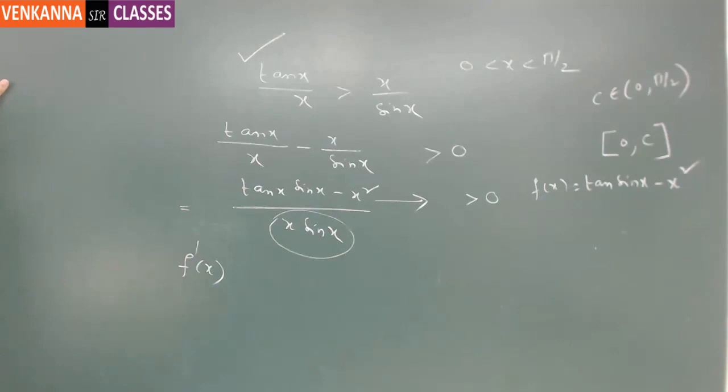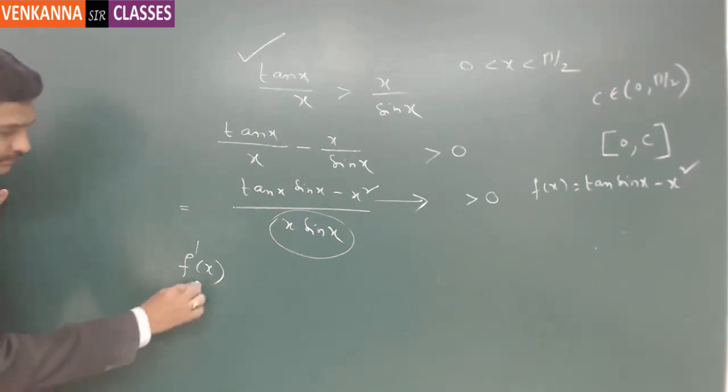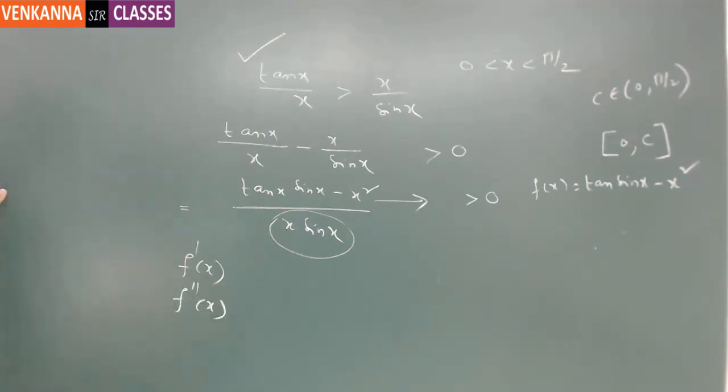Here I am going to consider two derivatives, f dash and the other derivative f double dash. So first of all, f of x is equal to tan x into sin x minus x square, let us go with the derivative part.